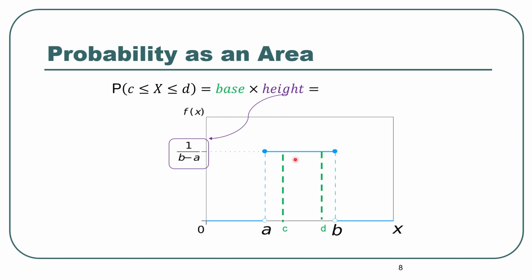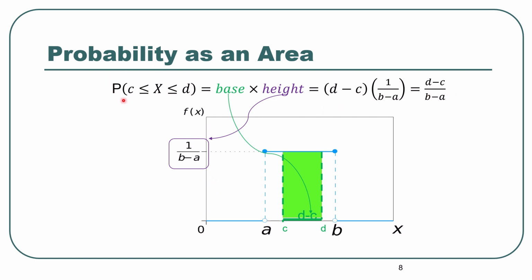Because the height of that rectangle between c and d, this is the height, while the base is that part, which is d minus c. So to find the probability of x inside this interval, you are gonna calculate it as an area of a rectangle with a base equal to d minus c times the height, and the height is 1 over b minus a, which is the probability density function for a uniform distribution. And as you see, we are gonna end up with that formula.